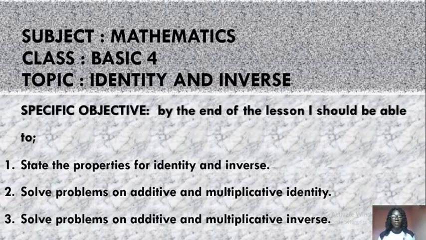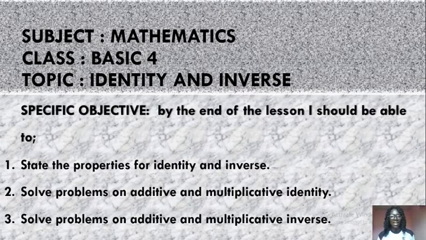Okay, let me give you a brief recap of what I mean by identity and inverse. In identity, we're going to be looking at addition and multiplication. When you hear me say additive and multiplicative, it's the same thing as saying addition and multiplication. So we're going to be looking at properties of identity and properties of inverse. In identity, we have addition and multiplication, and in inverse, we also have addition and multiplication.